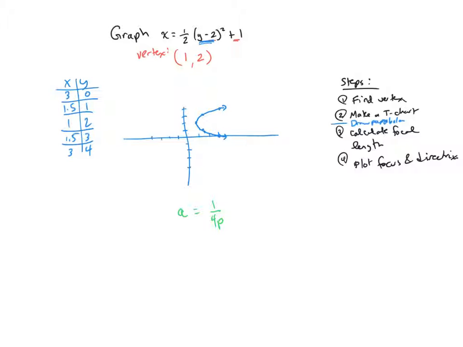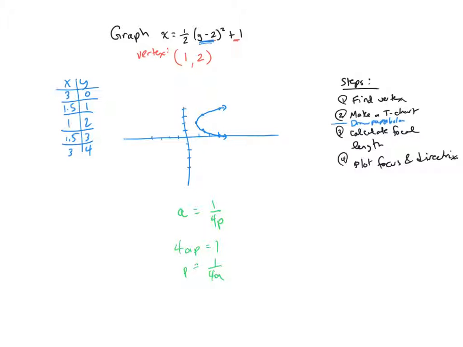Now, if I were to solve this for p instead, if I multiply both sides by 4p and then divide by 4a, p is 1/(4a), a is 1/(4p).